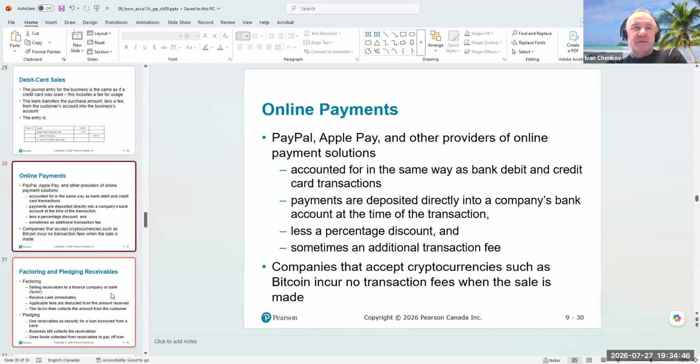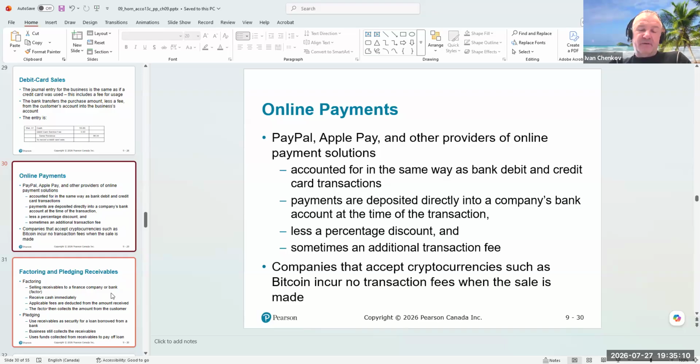For the online payment, you may have PayPal, you may have Apple Pay, and Apple Pay is related to Square. Square, that's most likely related to the Apple system, and Square is similar to the credit card charges.